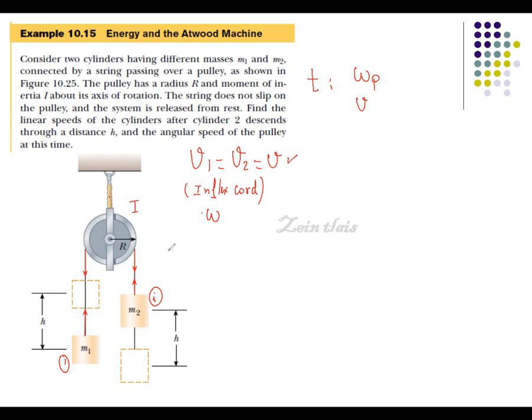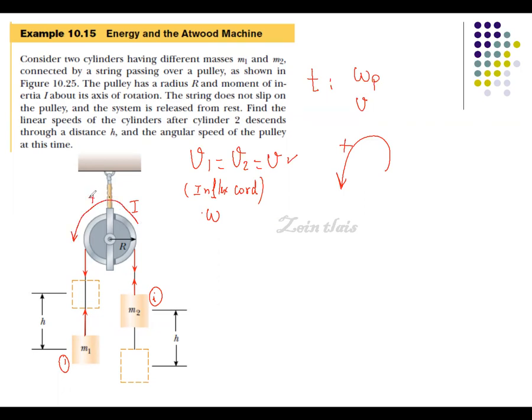Okay, you know here, first of all, you have to specify the direction, the positive and the negative. In general, I take the positive direction as anti-clockwise. So here you can say the positive is anti-clockwise.